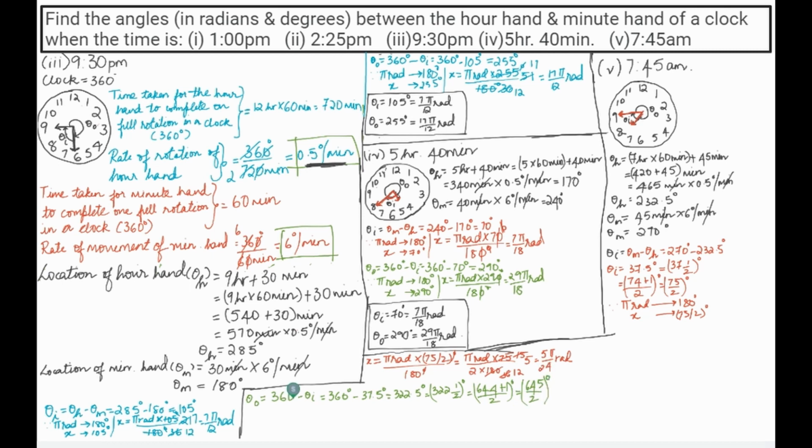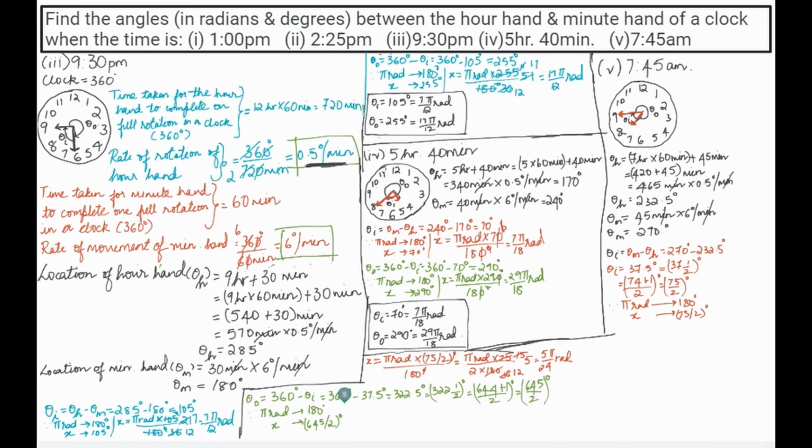So therefore, pi radians is equal to 180 degrees. So how much is 645 by 2 degrees in radians?